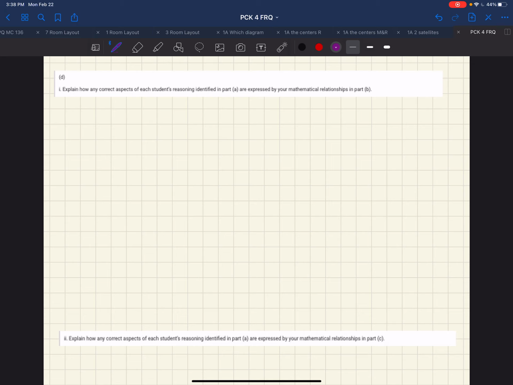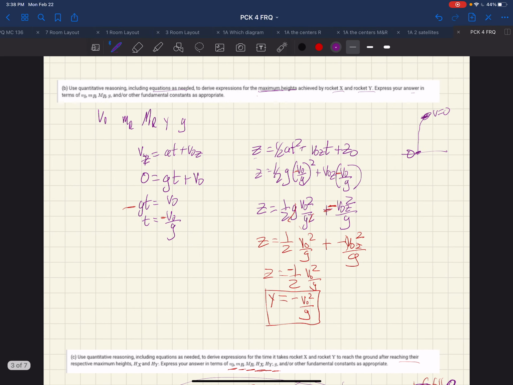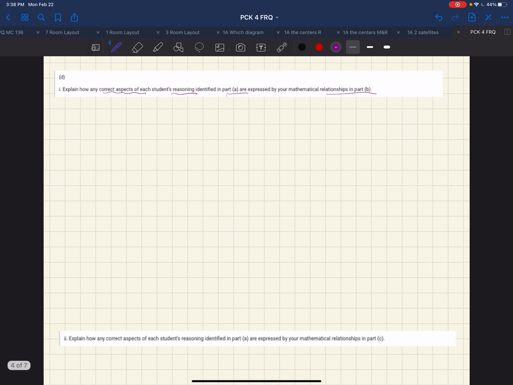So now we go to part D-I. Correct aspects of reasoning identified in A were expressed in your mathematical relationships in part B. Well, let's go look and see what we had in part B. Part B was y equals v0 squared over g.